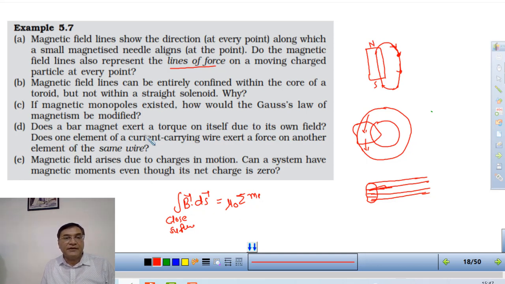Does a bar magnet exert a torque on itself due to its own field?